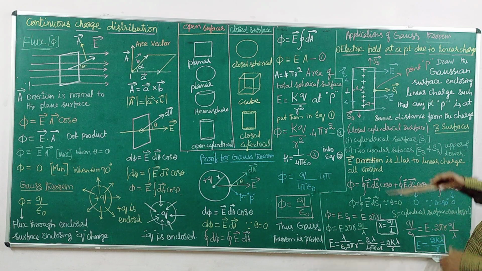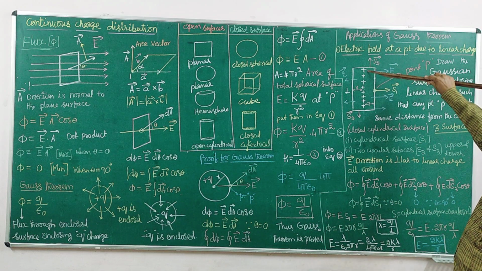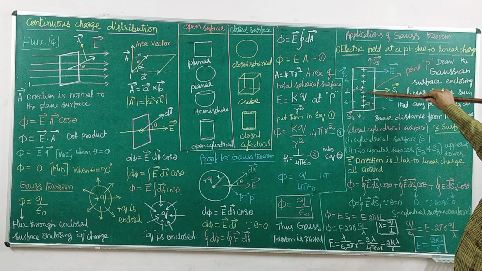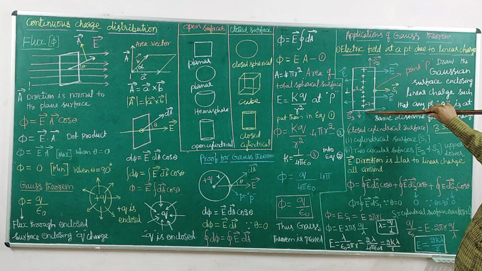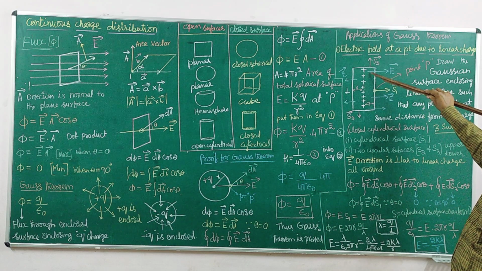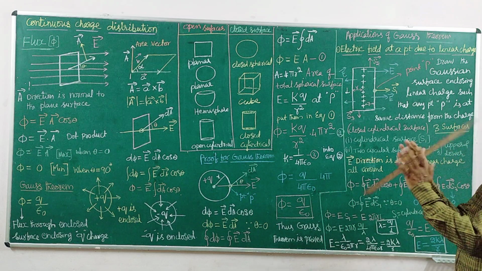With this geometry, let us think about the direction of the electric field due to this line of charges. Remember, the direction of the electric field is always perpendicular to this line, all around.